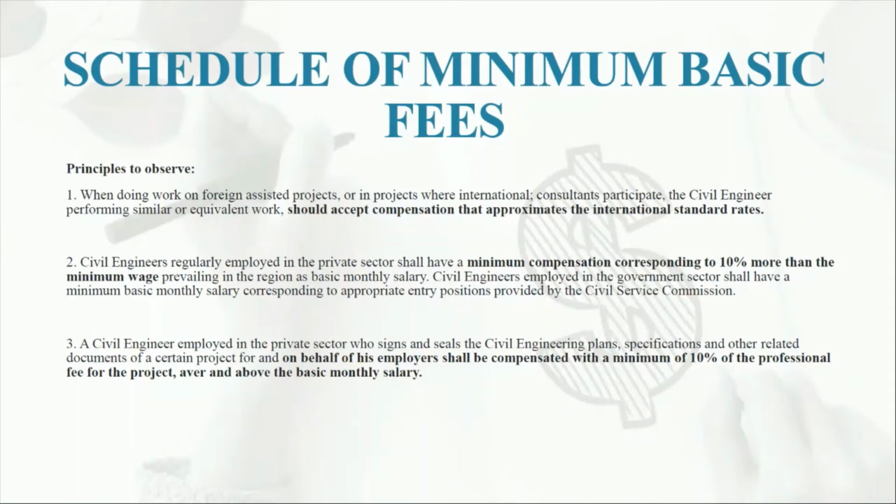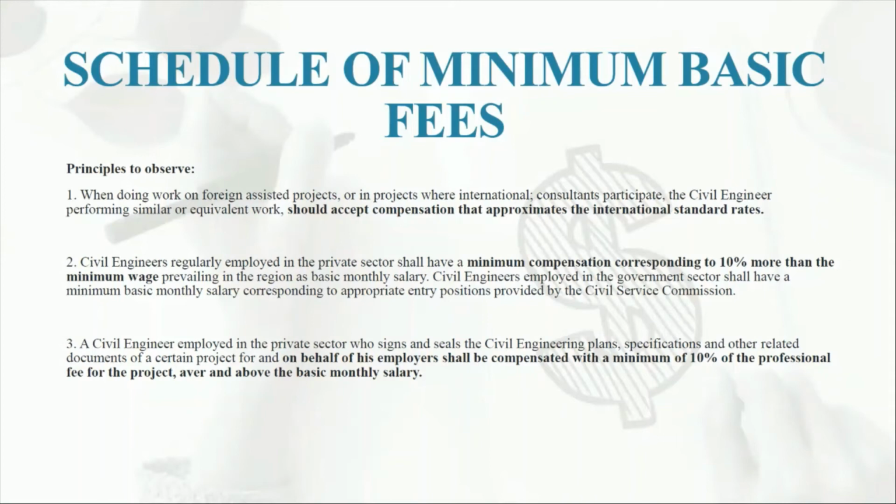It is because the minimum compensation for civil engineers corresponds to 10% more than the minimum wage of the country. If you are a civil engineer in the government sector, of course you are also a public worker, which means that your minimum basic salary must correspond to the appropriate salary of a public worker or a public engineer.